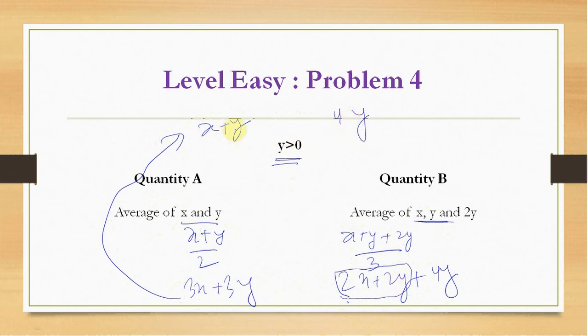Again we can subtract y from both sides, so this is x and this is 3y. Since y is positive, this is always a positive number. Our quantity B is always a positive number, but nothing has been said about x. It can be 0, it can be a positive number, it can be a negative number. So the relationship cannot be determined and our answer must be D.